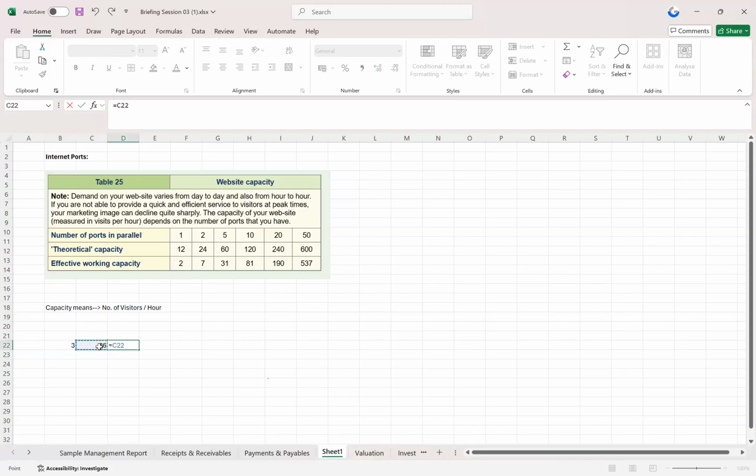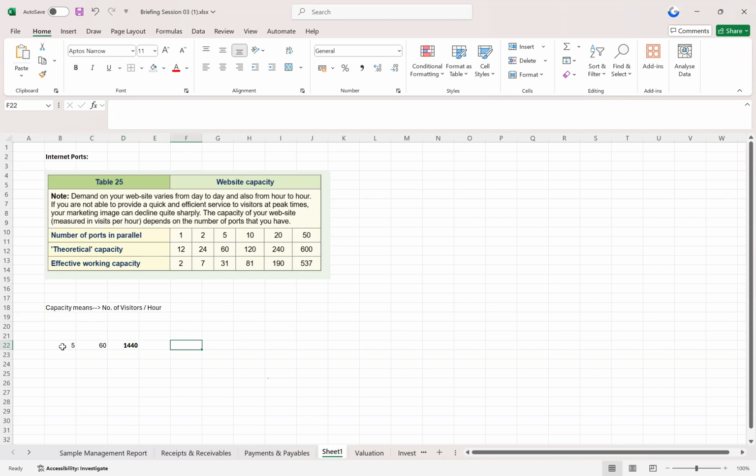If I multiply 36 by 24, that means a total of 864 visitors can come on my website. Let's do it for 5. Right, 1440 visitors can visit my website.